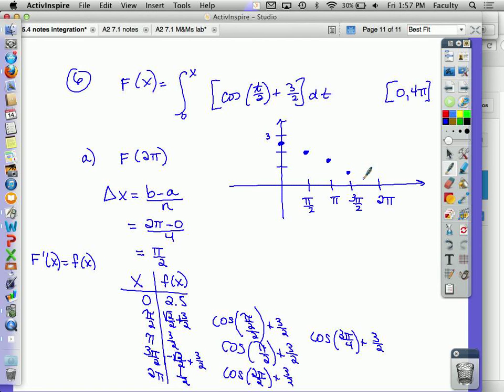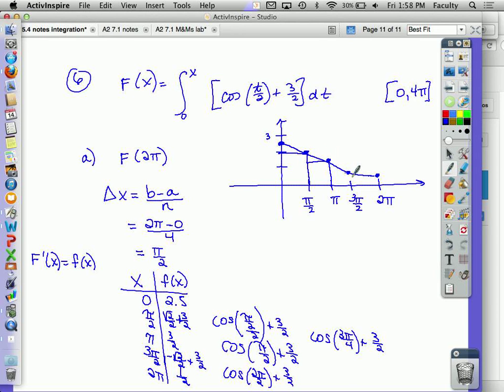And at 2 pi, it's here, okay? So if I'm going to do 4 inscribed rectangles, that means they're inside the curve.